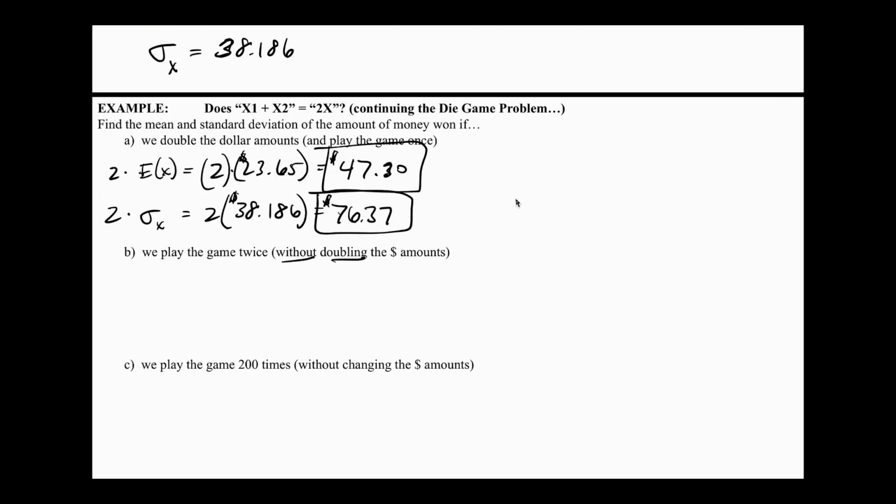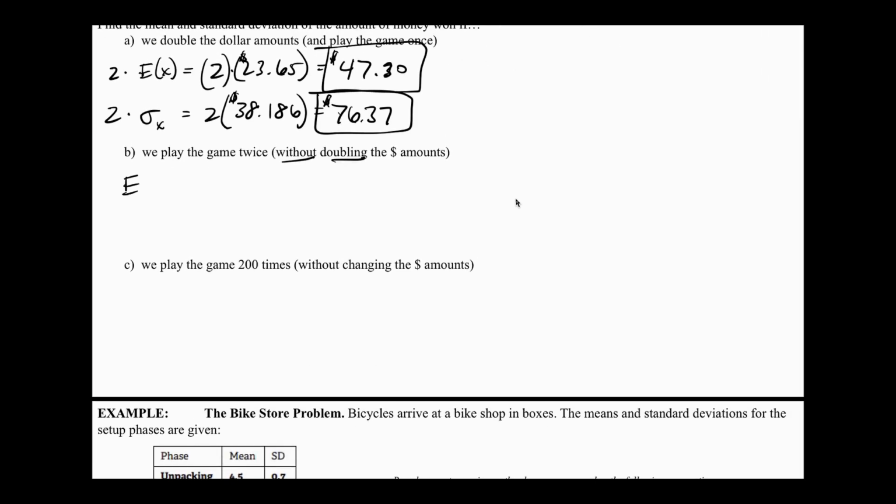And I'm adding them, right? This is kind of like we did earlier with X1 and X2. So we're combining, adding them together. So it's $23.65 plus $23.65, which is still $47.30.